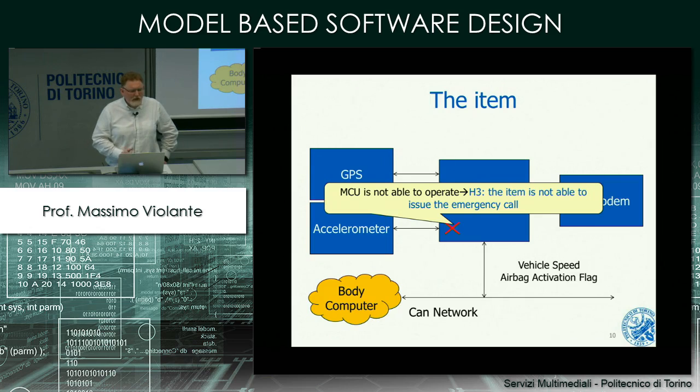That is, it issues the emergency call when it is not needed. Okay? But this is QM. We don't care. We do not have an accident. We do the call when it is not needed. It is QM.